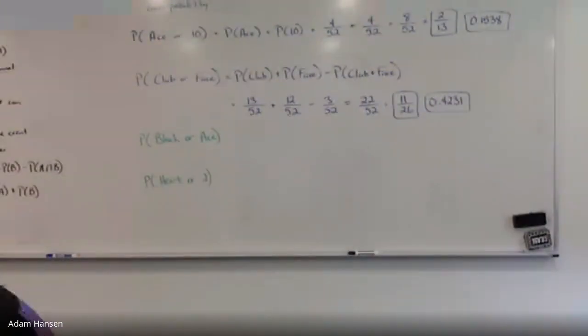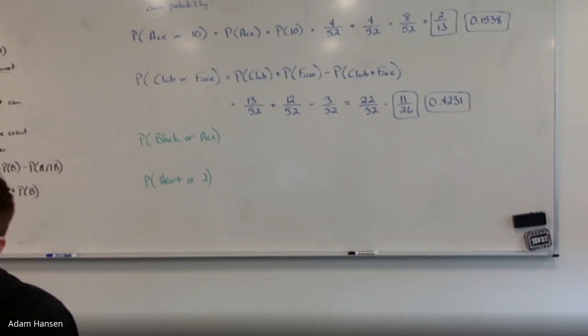How many black cards are there? 26. It's half the deck. All of the spades and all the clubs, 26 cards in total. Answer as a ratio or some decimal percent, doesn't matter to me. Make sure your final ratio is reduced down if that's the route you want to go.